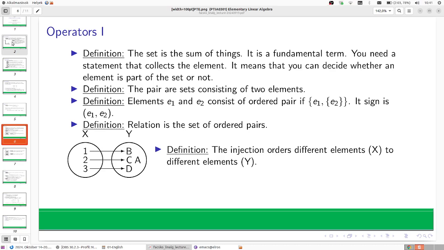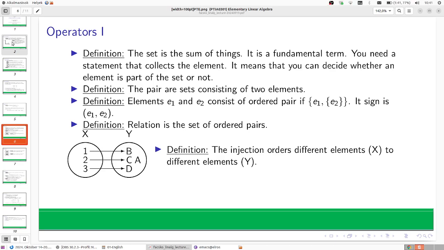If I said, for example, people with blue eyes, that's not good, because what is blue? For example, do I have green or blue eyes? It's not good. But if I said, for example, right shoe and left shoe, that forms a set.